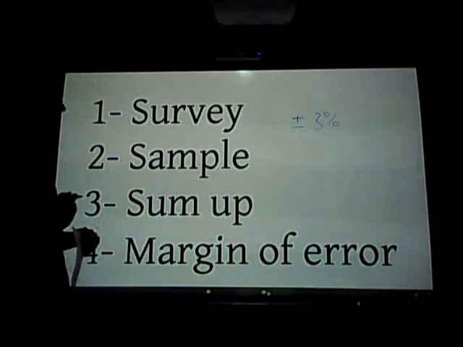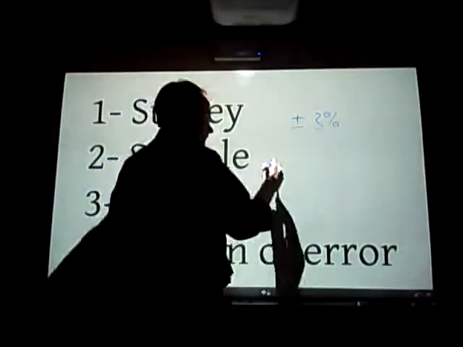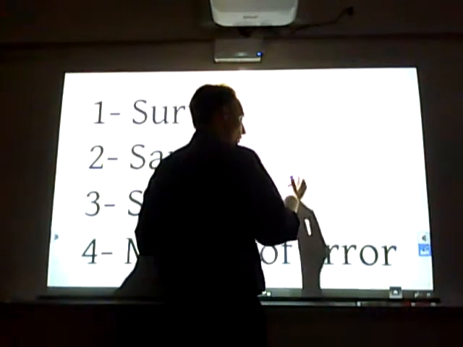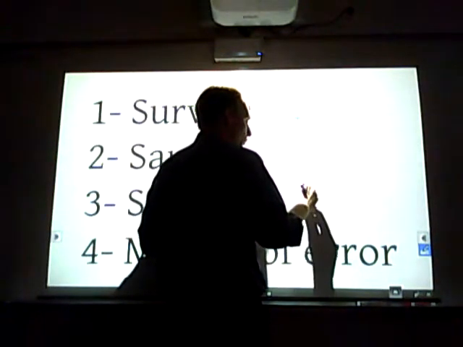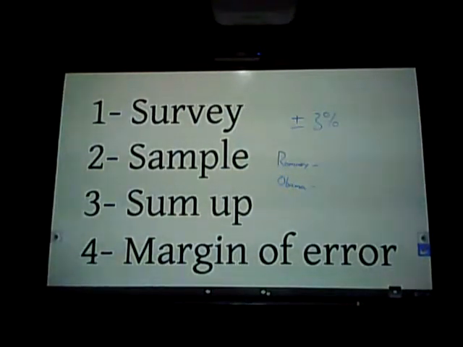So let's think about what that means. Let's say there is a poll that comes out that says, okay, we've done a survey of whether people will vote for Mitt Romney or Barack Obama. Okay, 2012 candidates.